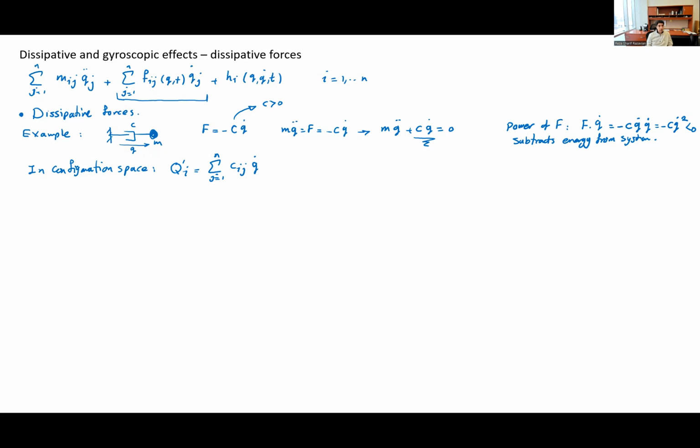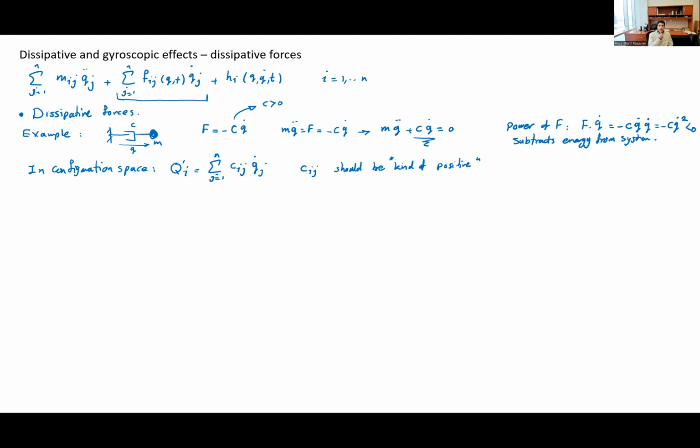Equivalently, in the configuration space, when we write these forces, for the force to be a dissipative force, the condition on these C_ij should be that, well, I'll get to the definition in two videos from now.